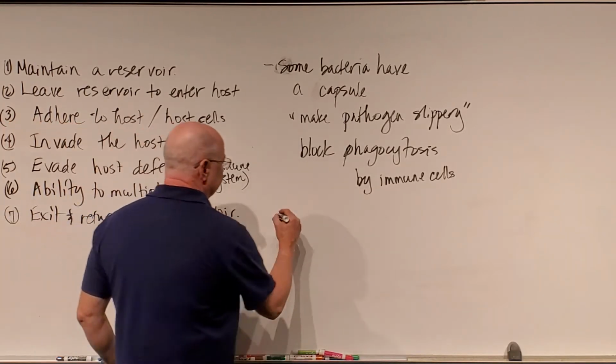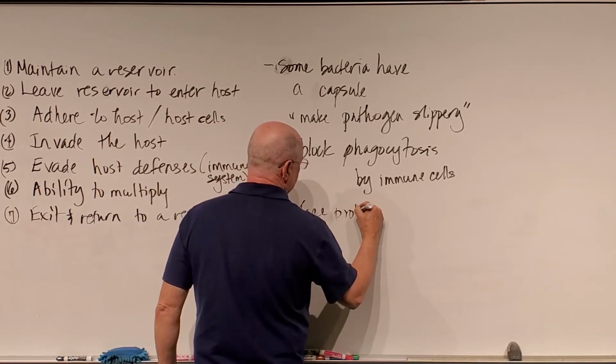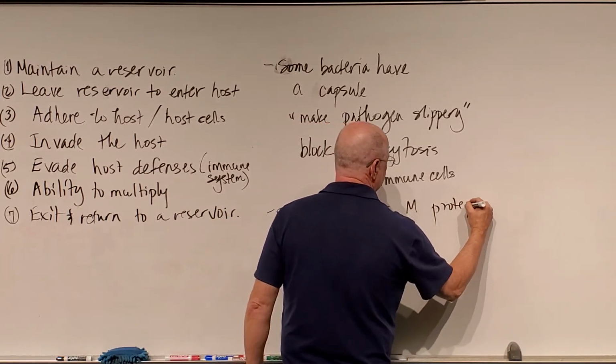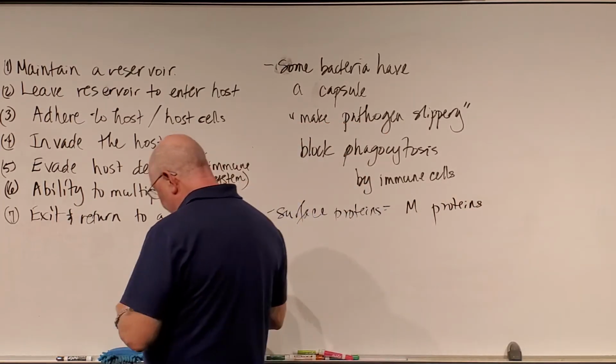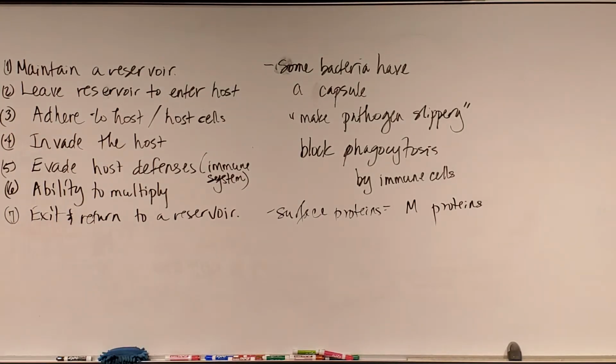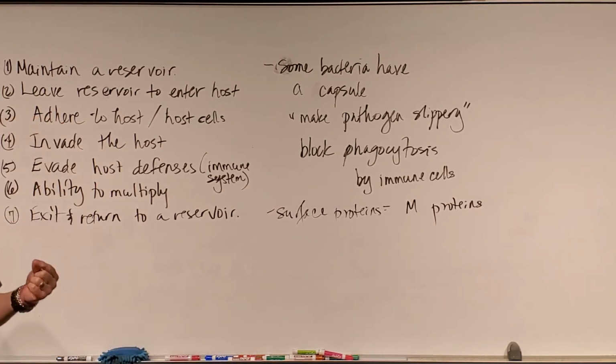Some cells have what we call surface proteins called M proteins. M proteins also prevent phagocytosis of the bacteria unless the bacterium is labeled with antibodies, and there are antibodies that can bind to some of the M proteins.